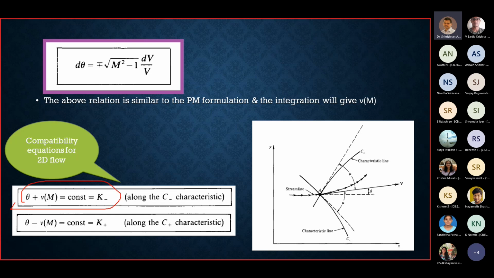So theta plus mu remains constant along one set of characteristics, and theta minus mu remains constant along the other set. So we have a pair of characteristics, C plus and C minus. Along the C plus characteristics, theta minus mu remains constant, and along the C minus characteristics, theta plus mu remains constant. So that's how the solutions are denoted in the characteristic plane.